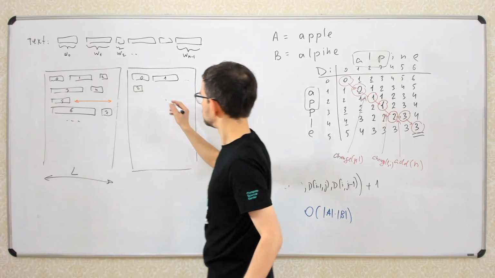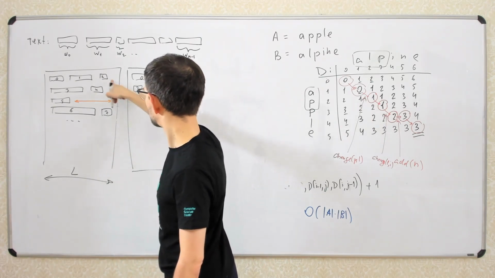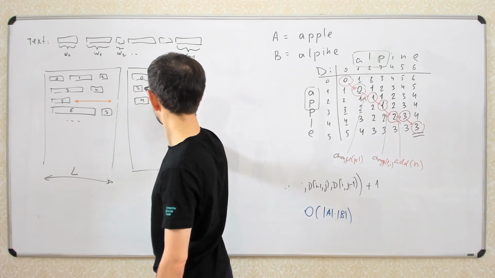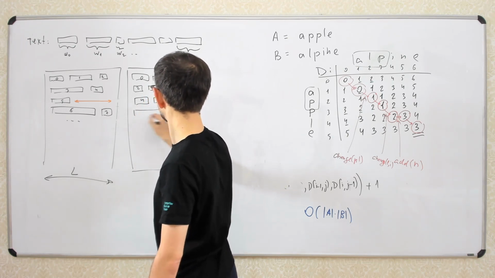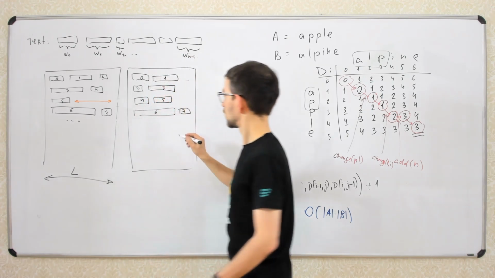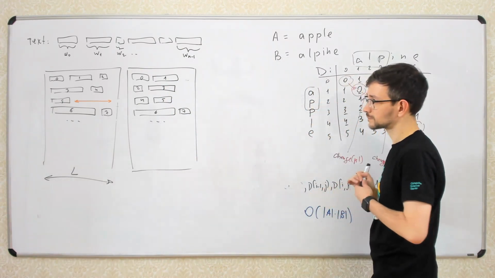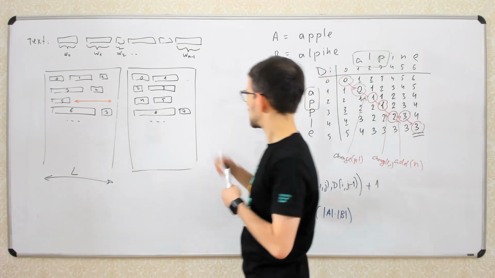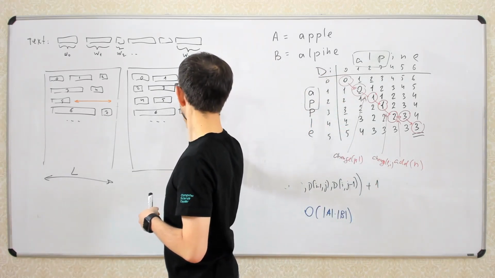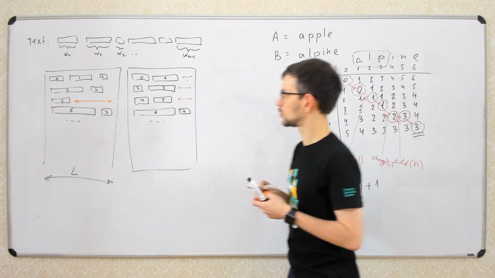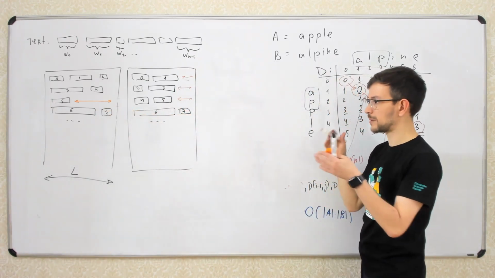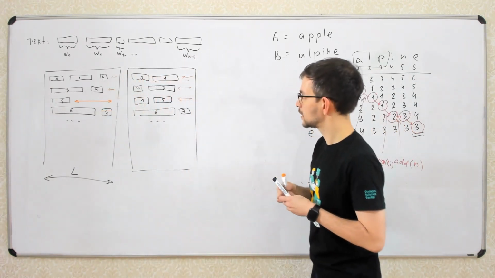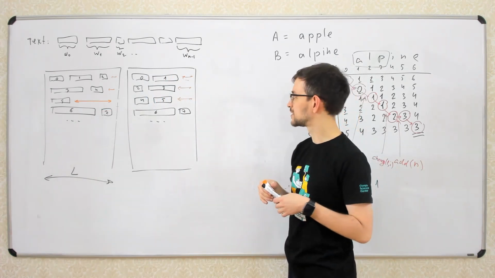So move 2 here, and then we have 3 here. Then move 4 here, 5 here, like this. In this case, all the gaps are small enough, and we don't have this very big gap. Here we have some very small gaps and then one very big gap, and here we have 3 gaps of about the same size.